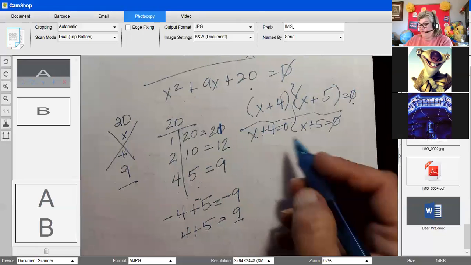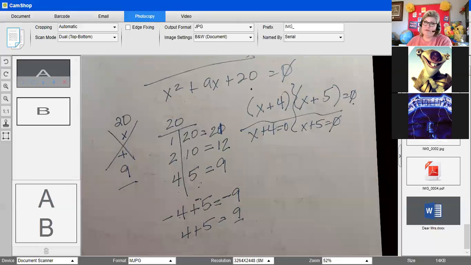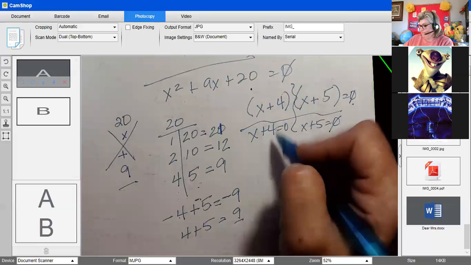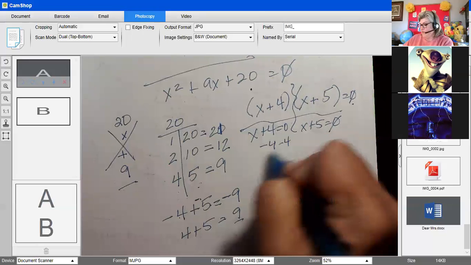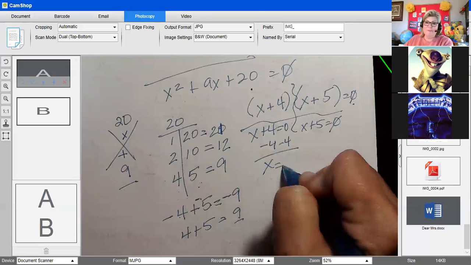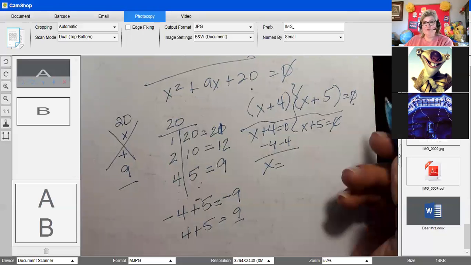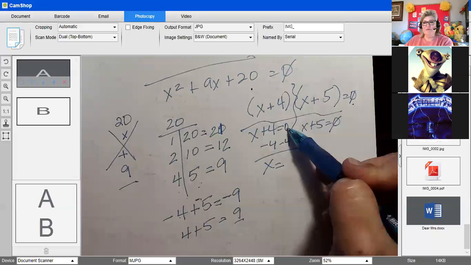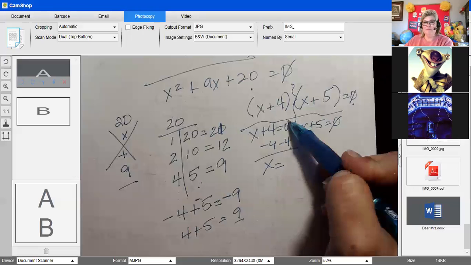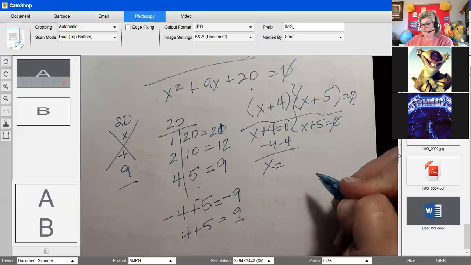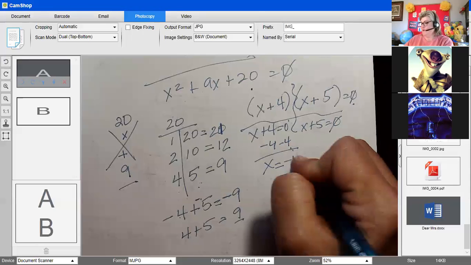And how do we solve x plus 4 equals 0? Minus the 4. So we have x is equal to what? 0 minus 4. Negative 4. Negative 4, yep.